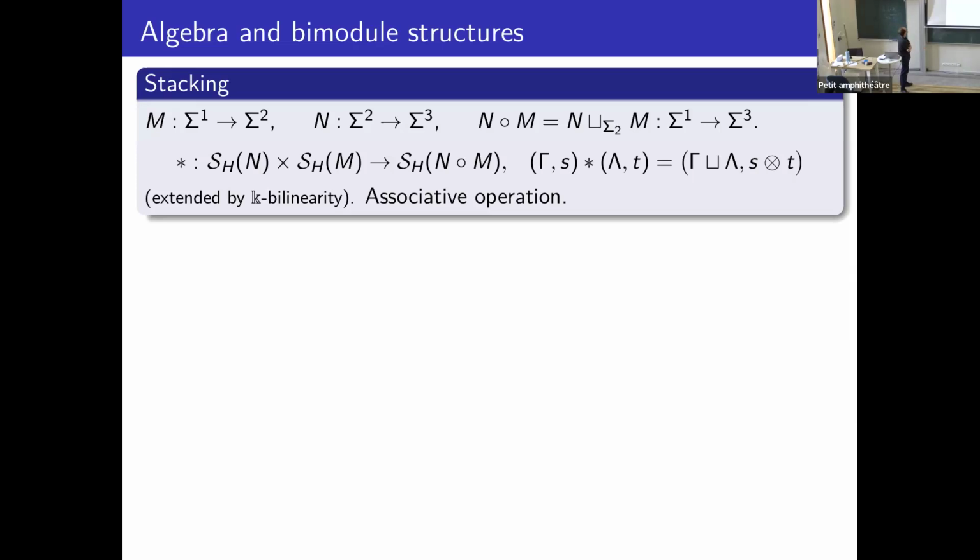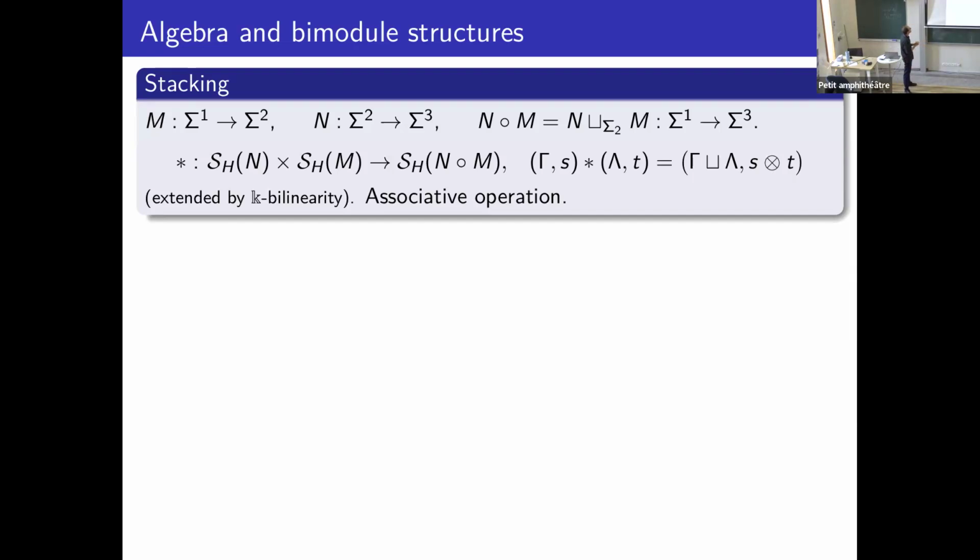So if you have a cobordism M from two surfaces, sigma 1 and sigma 2, and another cobordism N from sigma 2 to sigma 3, then you can do composition, right? Composition is just gluing along a common surface. And at the level of skeins, you have a natural operation which is stacking.